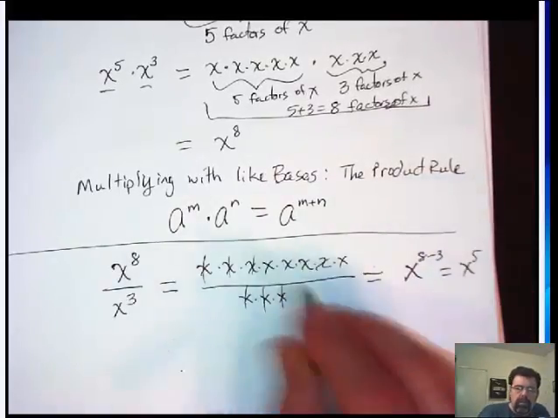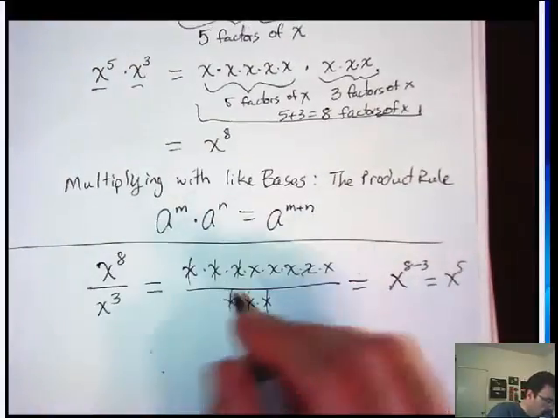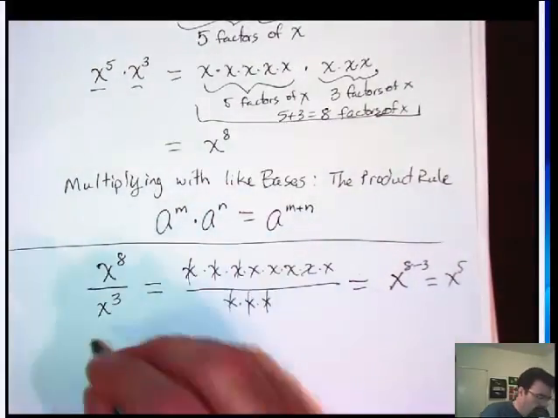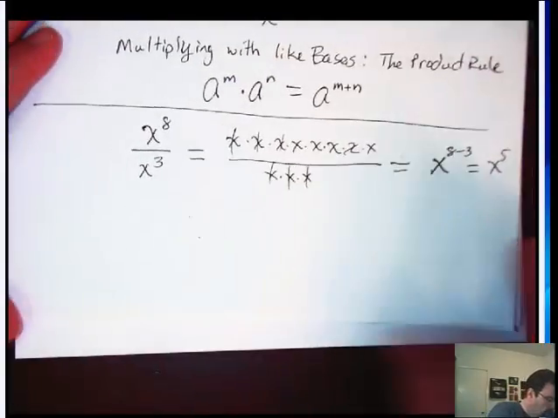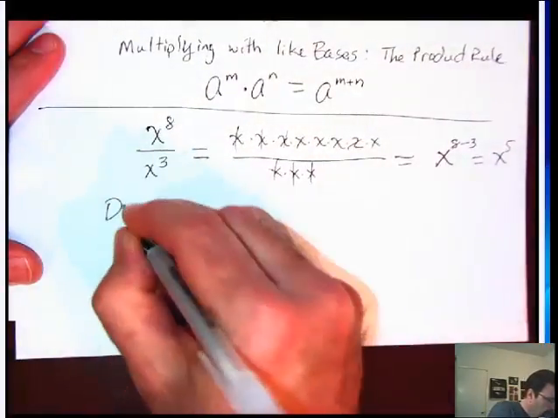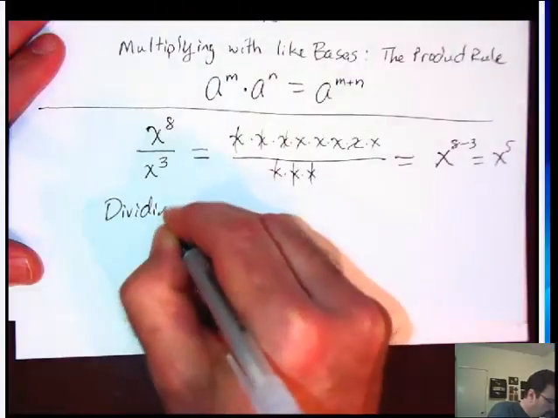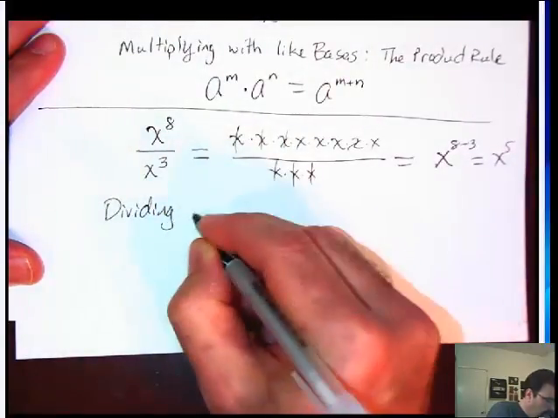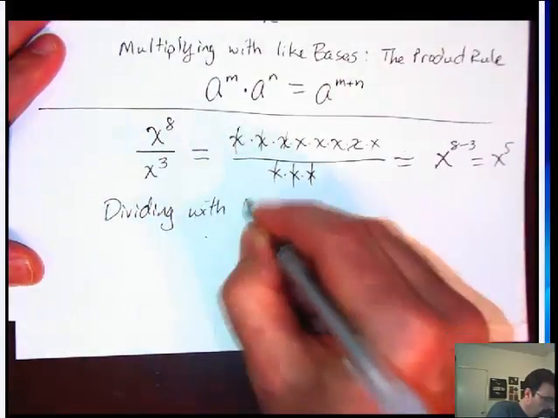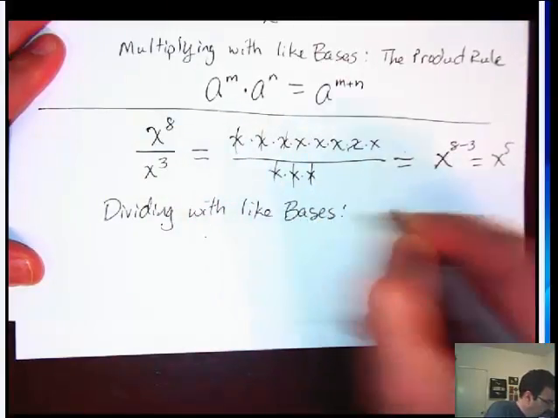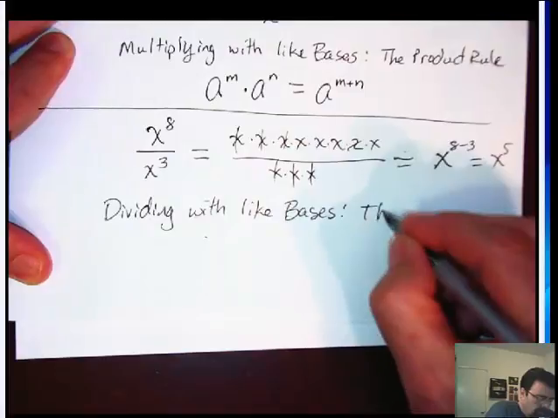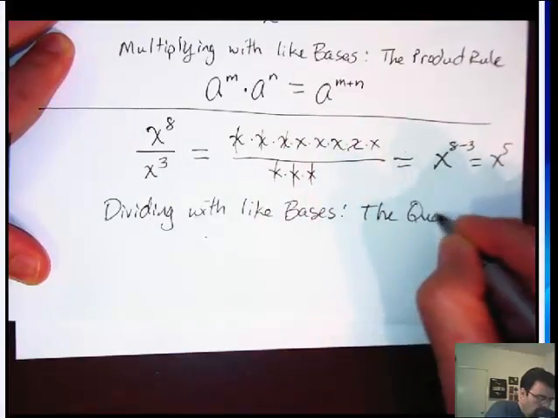So we can skip the step in the middle and write that as a rule. So dividing with like bases. This is the quotient rule.